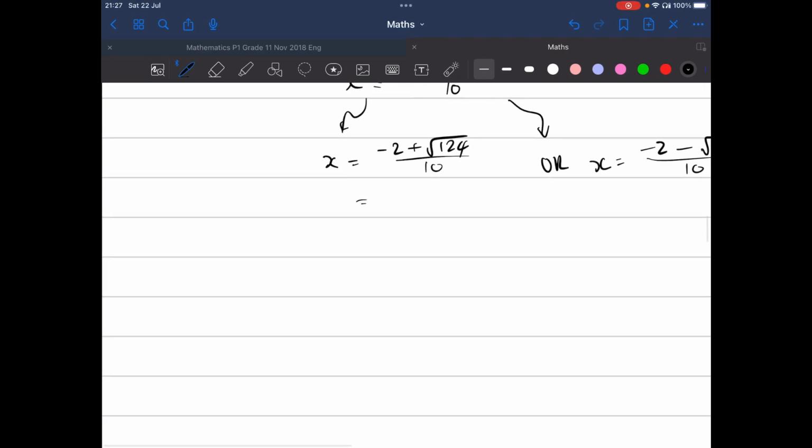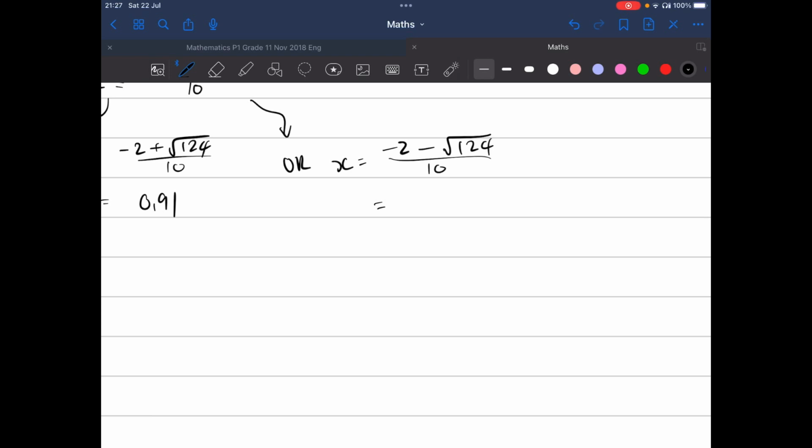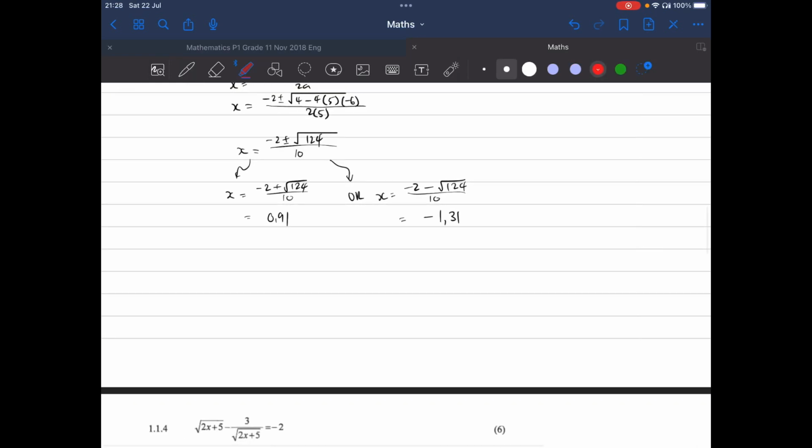Let's evaluate each of those on our calculator. So minus 2 plus the root of 124 over 10 gives us 0.91, or minus 2 minus root of 124 over 10 gives us negative 1.31.